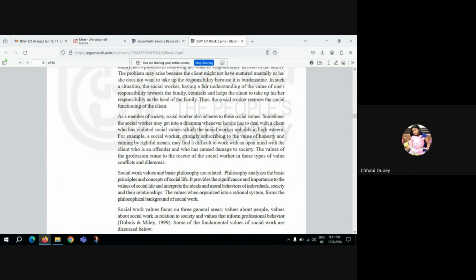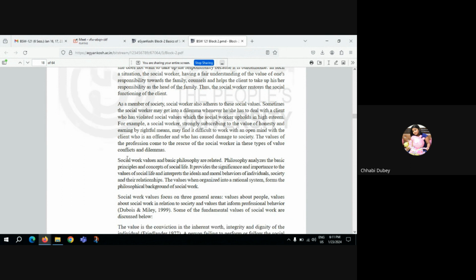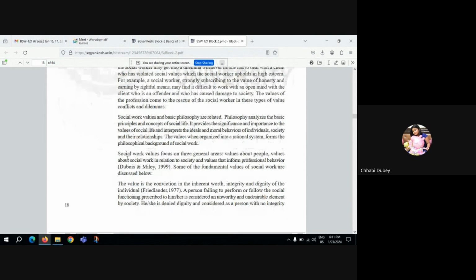Now, social work values basically focus on three general areas. One is values about people. Second is values about social work in relation to society. And the third is values that inform professional behavior. Some of these professional social work values are discussed here.